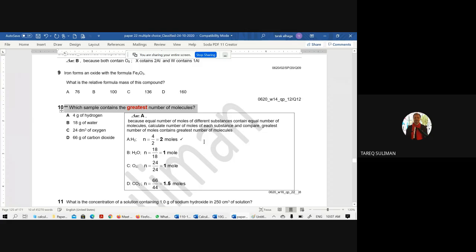It is only a step of finding the number of moles. Number of moles in 4 grams of hydrogen: how many moles do we have? 2. For water, 1 mole. For O2, 1. For CO2, 1.5. If we multiply all by 6.02 times 10 to the power 23, will this make any difference in our comparison? No. So only if we find the number of moles, it is enough to make comparison about number of molecules.